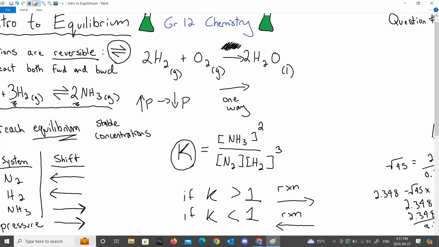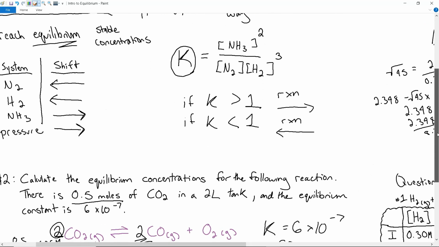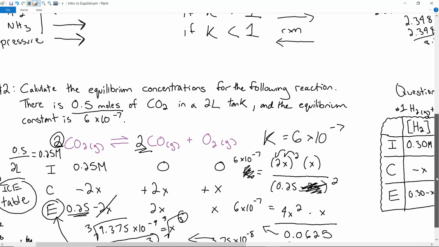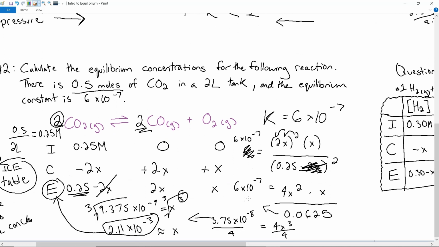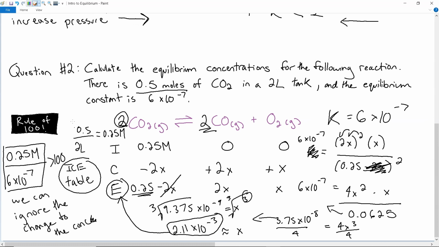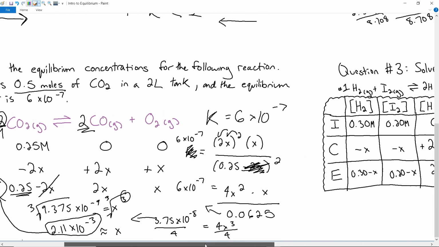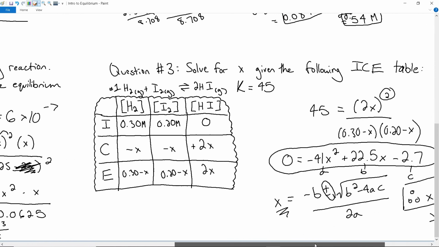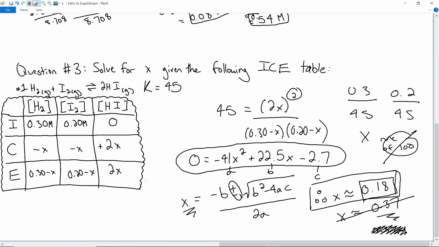If that's no good, you could also follow the rule of 100. And I think I wrote that back here. Yep, so in this question we could use the rule of 100 to simplify. But if you've tried all of that and you're still stuck, we are going to have to go back to the trusty quadratic equation.